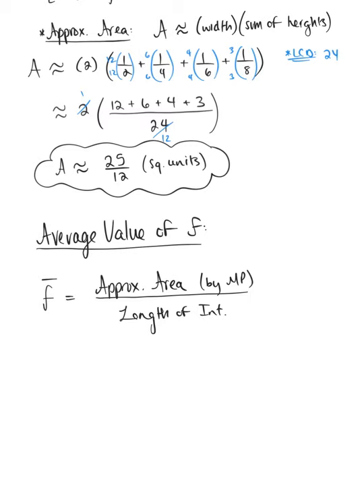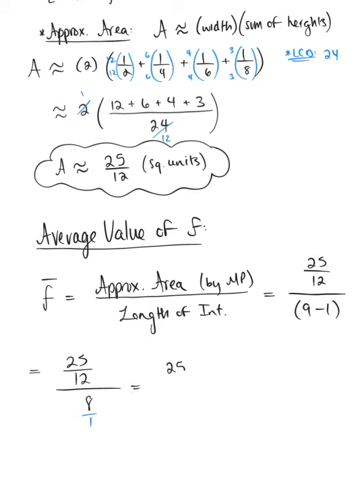We found the approximation for the area to be 25/12. And now we want to divide this by the length of the interval, which is 9 minus 1. So we have 25/12 divided by 8. And again, if we think about this 8 in the denominator as being a fraction, 8/1, we can simplify.